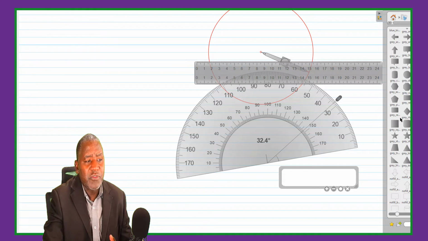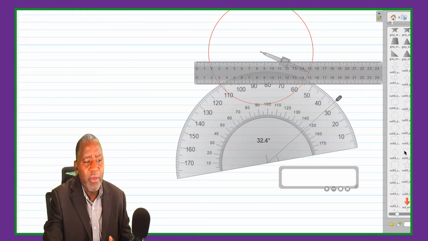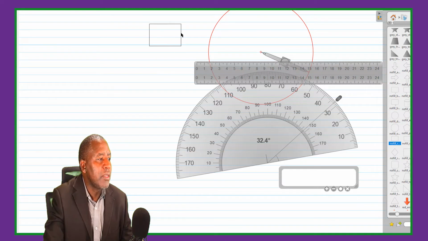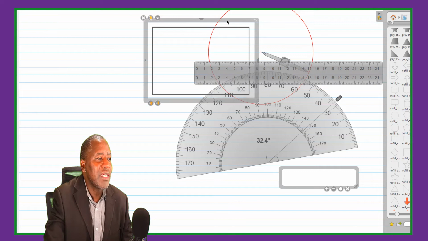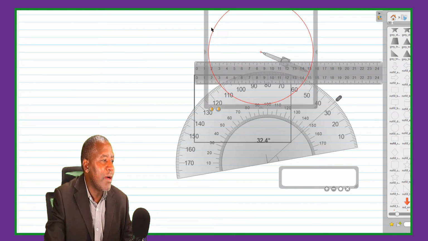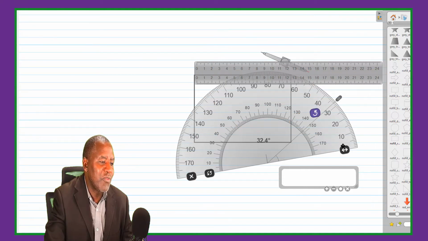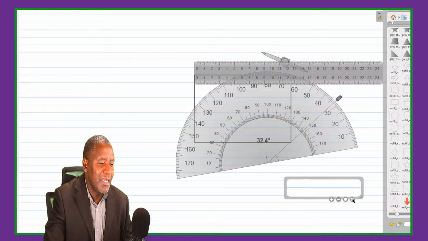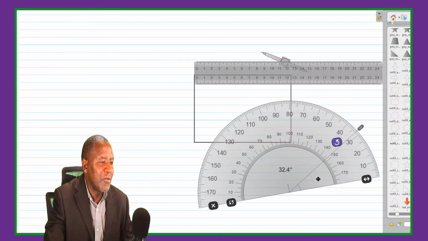The software gave me shapes, and I wanted a rectangle, and here I have the rectangle. I'm able to make the rectangle as big as possible. And of course, now I've crowded my whiteboard. Let me remove some of the things that I do not need for now.